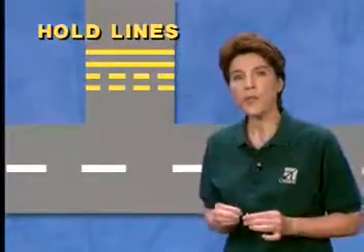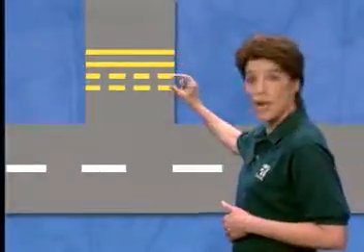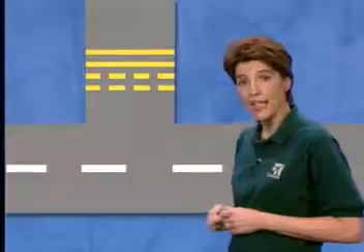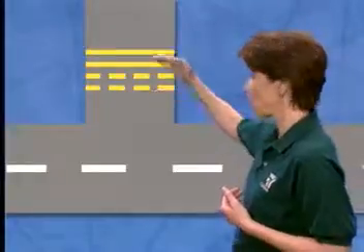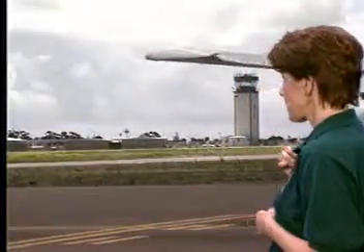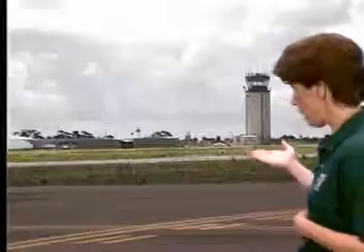The holding position marker is 4 yellow lines, 2 solid and 2 dashed across the width of the taxiway. If the dashed lines are on the side towards your airplane as you approach the holding line, you may cross without stopping. For example, you may cross the holding lines on this taxiway when exiting the runway, since the dashed lines are on the runway side, the side you're coming from.